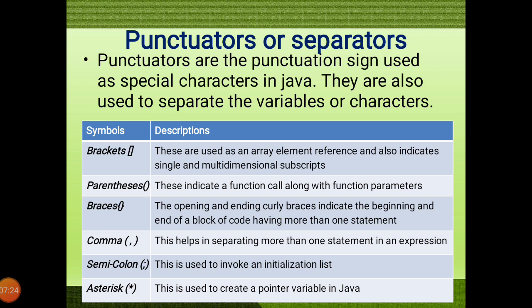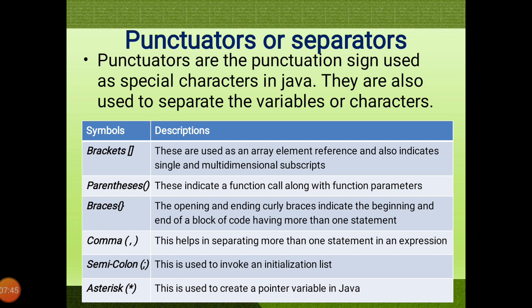Parentheses, the small brackets, indicate a function call along with the function parameters. Braces, that is curly braces. The opening and ending curly braces indicate the beginning and end of a block having more than one statement.